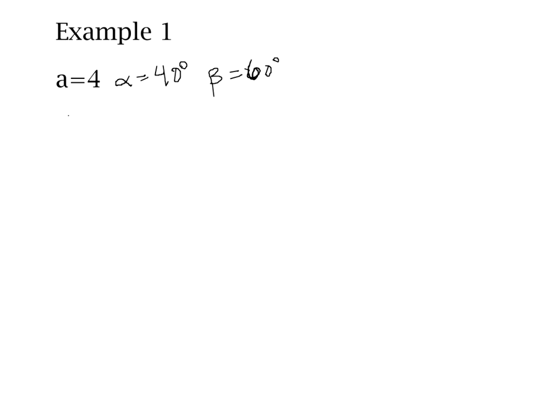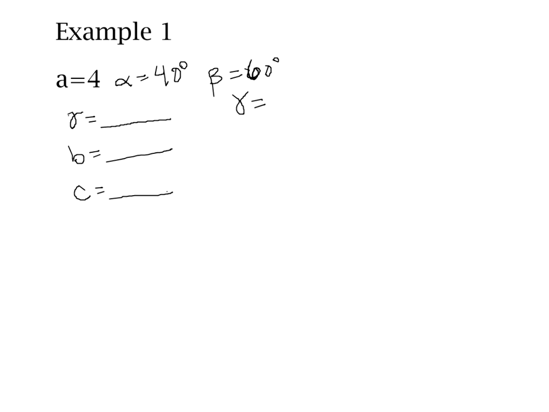Okay, so the directions will be solve the triangle. It's given you A, alpha, and beta. It will be looking for answers gamma, B, and C. So that's the three pieces of information we need.